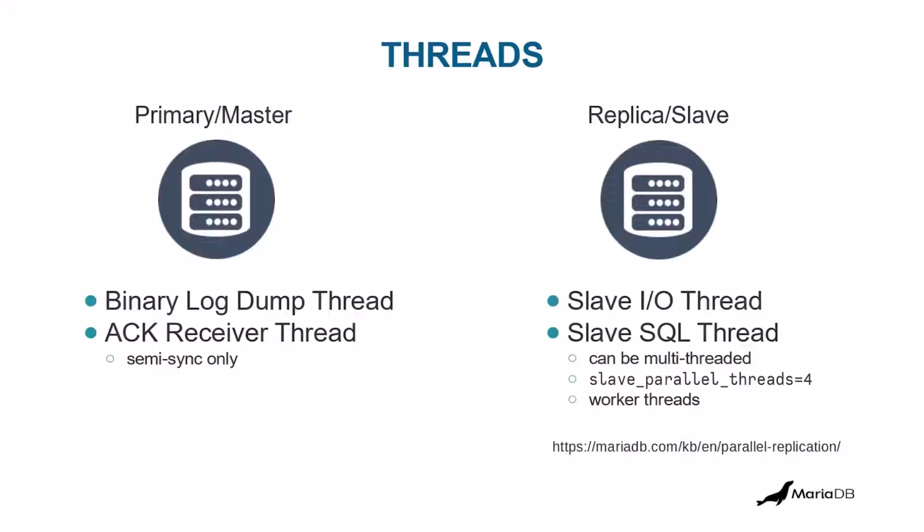This thread pulls the binary log events from the primary and writes them to the relay log. And the slave SQL thread reads events from the relay log and applies the events to the local database. If multi-threaded is configured, this thread will initiate worker threads that can write SQL events in parallel.